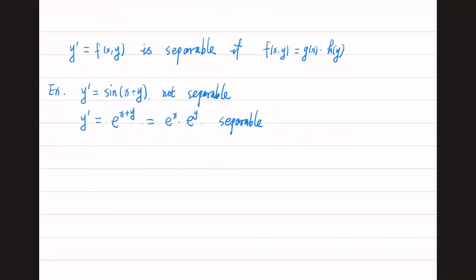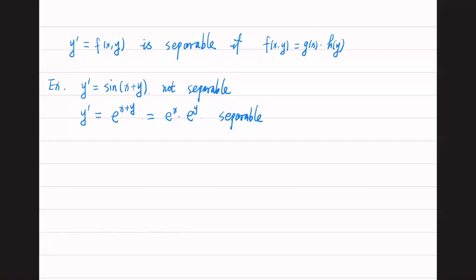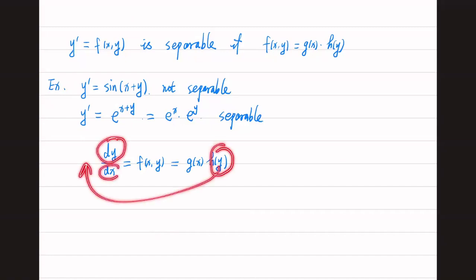Okay, for separable differential equations, let's see how to solve this. dy over dx equals f(x,y), and it's separable, g(x) h(y). So we will separate, put y on one side, x on the other side. Then we separate the two variables.